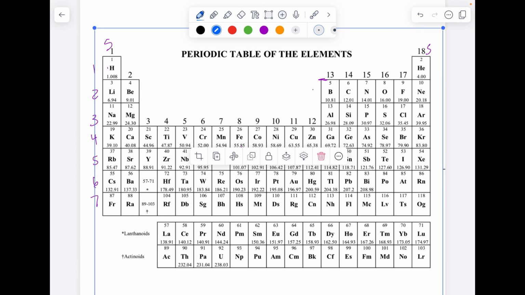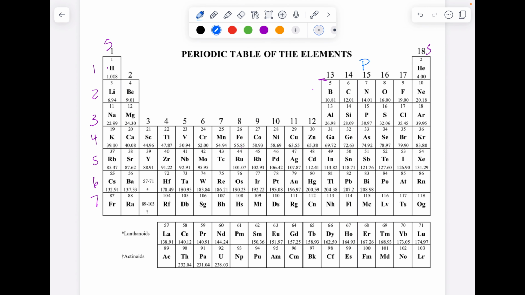And your P block, we start with 2. So we number it 2, 3, 4, 5, 6, 7. Your P block is all of these, minus helium.